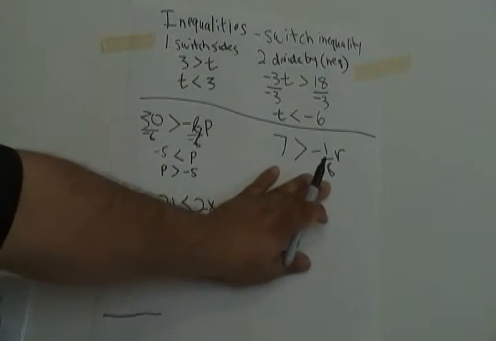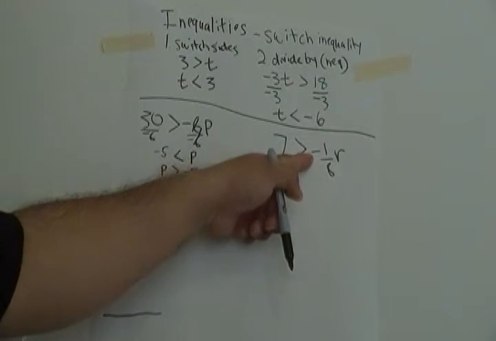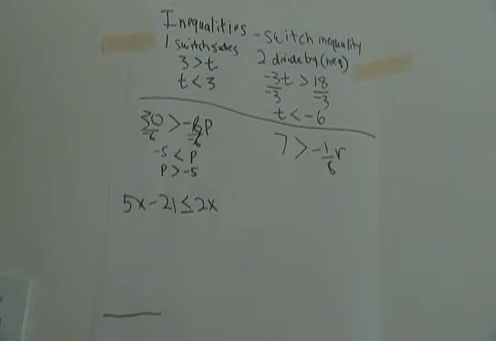Of course, whenever we have this kind of problem, if we have a fraction in front of the variable, we can use cross multiplication.